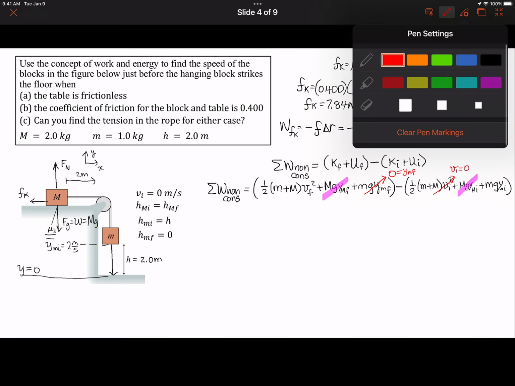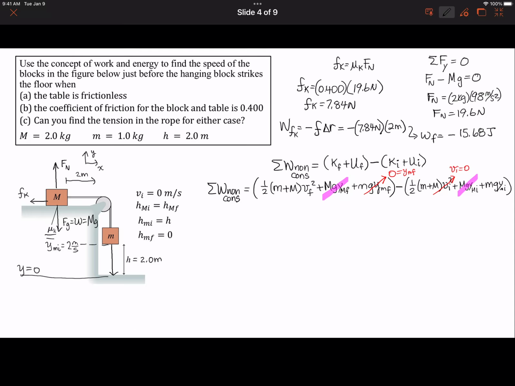So now I can plug some values in, and I can see if I can determine the final speed of this system when friction is acting. So the non-conservative force here would be friction, and it does work of negative 15.68 joules, and that has to equal 1/2 the combined mass of the system, which is 2 kilograms plus 1 kilogram, so that's 3 kilograms.